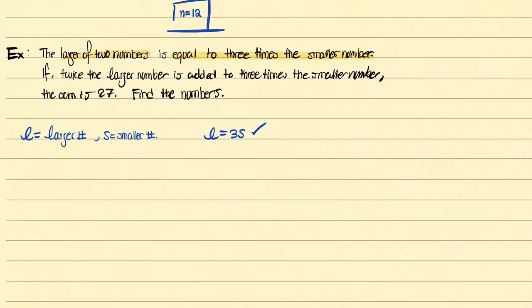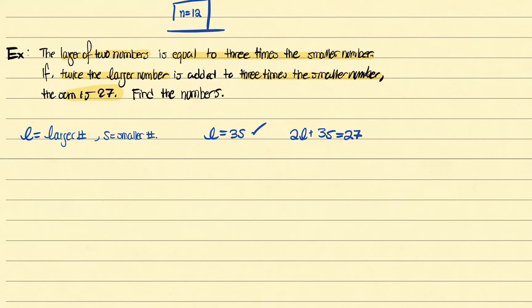But now in the second part, it says twice the larger number. So if twice the larger number is added to 3 times the smaller number, the sum is 27. And that kind of sounds like the verbiage we had above. 2 times the larger number is added to 3 times the smaller number, the resulting sum should be 27.